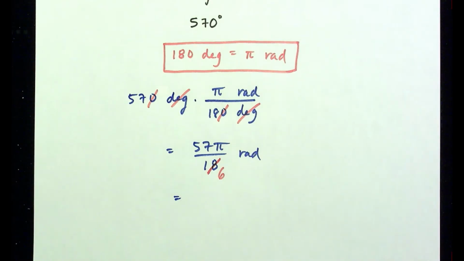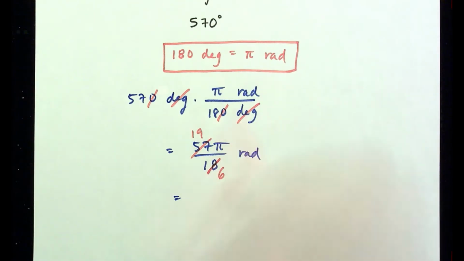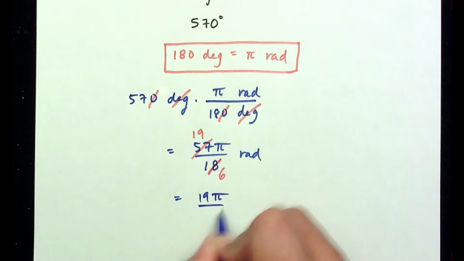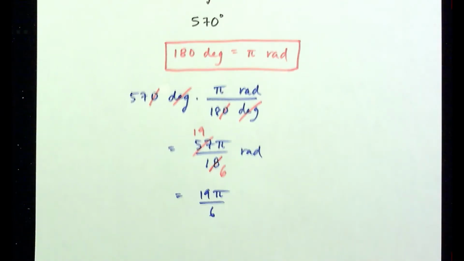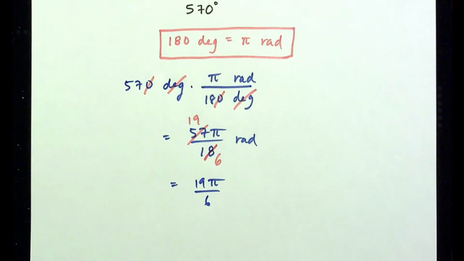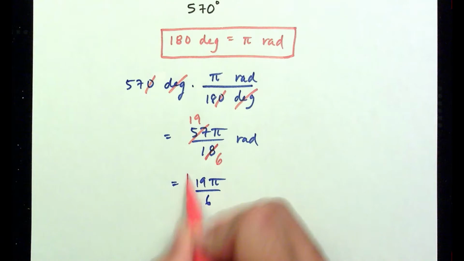And 57 divided by 3, let's put that in the calculator, that is 19. So the answer would be 19 pi over 6, and we don't have to write the word for the units. It's implicit. So that's the answer.